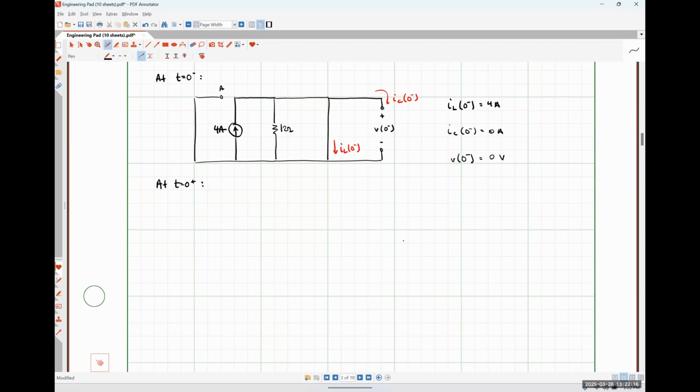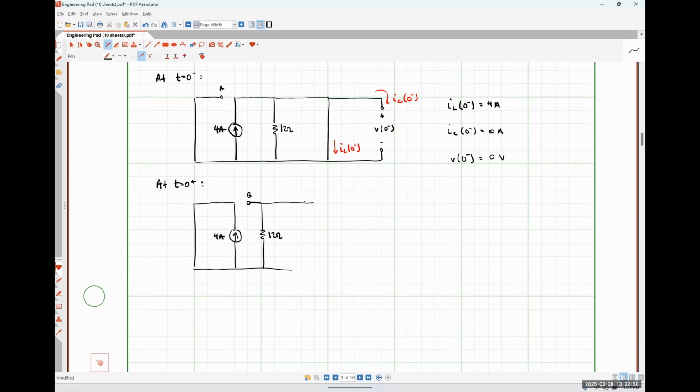So at t equals 0 plus, my current source is going to be connected to terminal A, and B is going to be open circuited. Here's my 12 ohm resistor. What is my inductor going to look like?